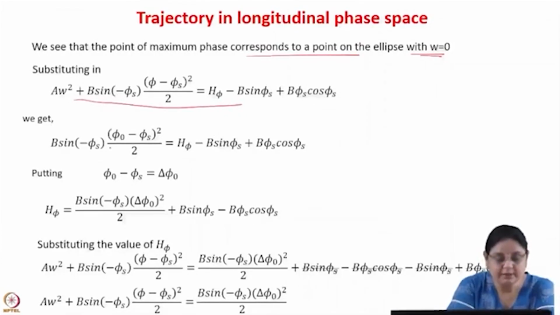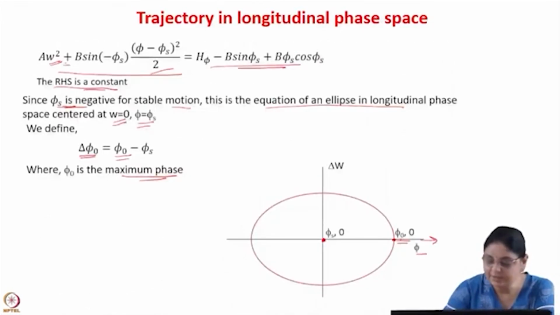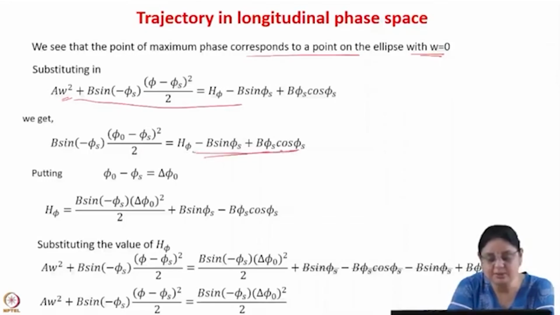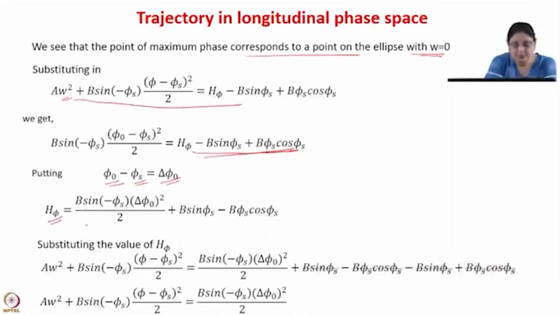We put w equal to 0 and phi equal to phi 0. So we get B sine of minus phi s, (phi 0 minus phi s) whole square by 2, is equal to this constant term. Now putting phi 0 minus phi s equal to delta phi 0, as we have defined in the previous slide, we can calculate the value of H phi. So H phi comes out to be this value, which is now a constant value.